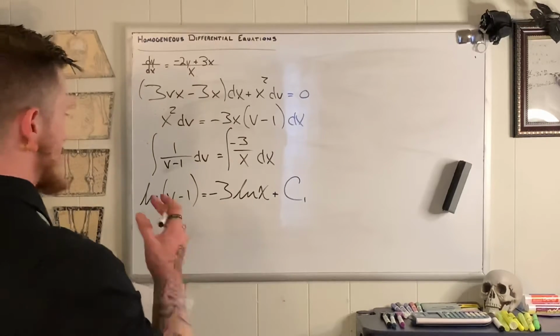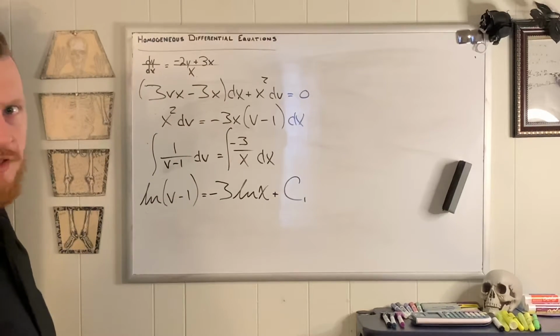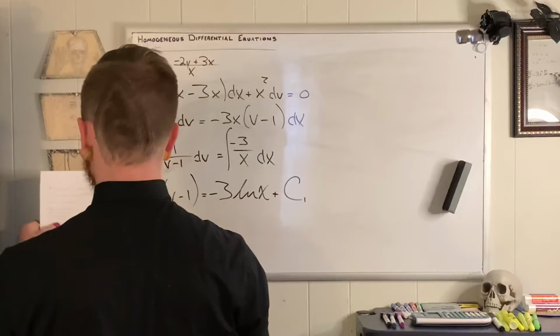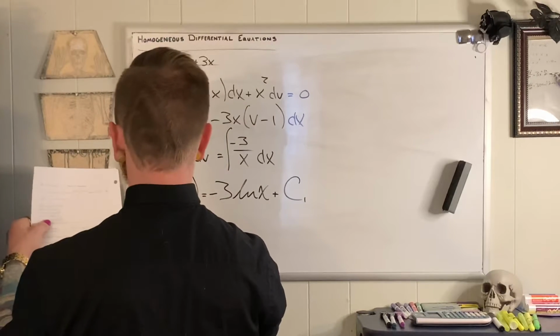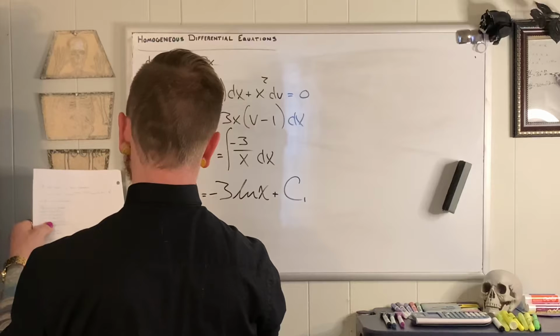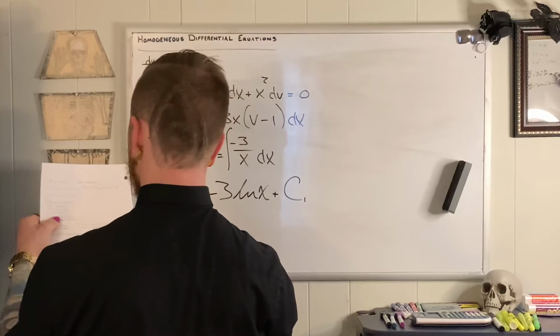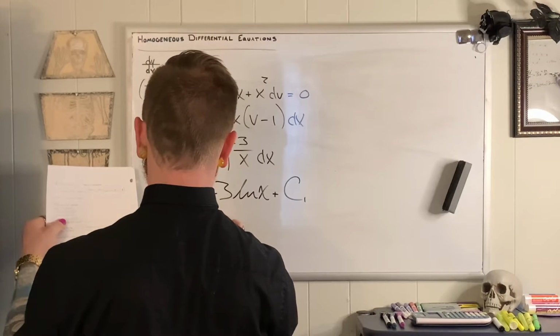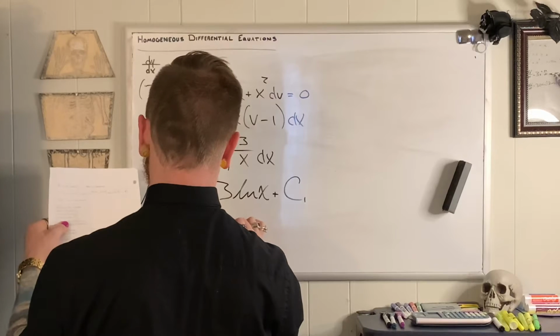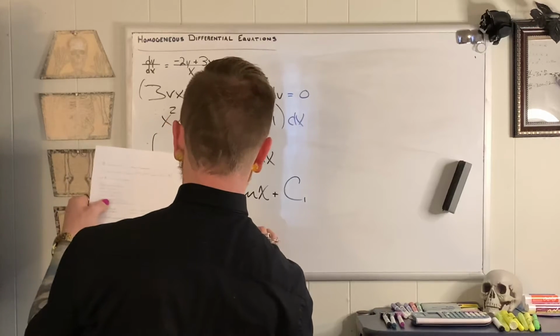I'm going to set this equal to the constant c1. So we'll have ln of v minus 1 plus 3 ln x equals c1.